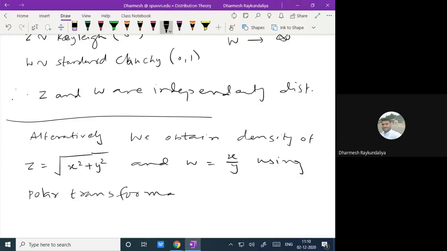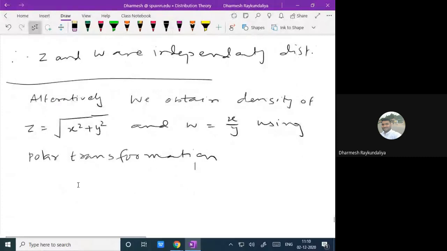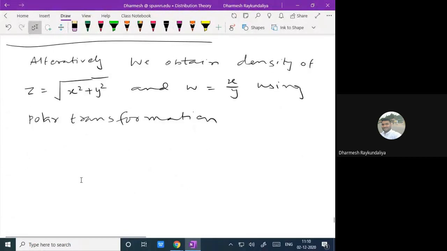So we know that x square plus y square is talking about the circle. Okay. So if you write x square plus y square equal to z square, it is nothing but the form of a circle. So when you talk about the circle, this is the radius. What is the radius? This is your center, and this is nothing but the square root of x square plus y square.